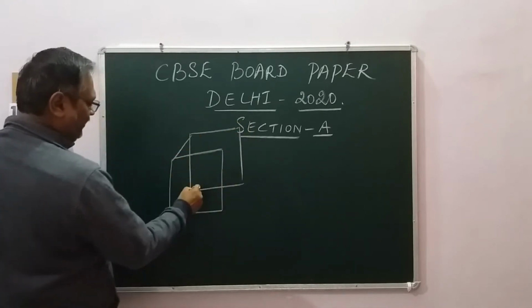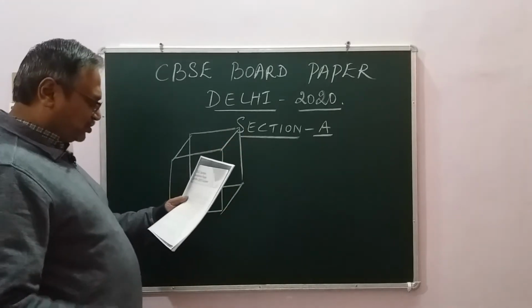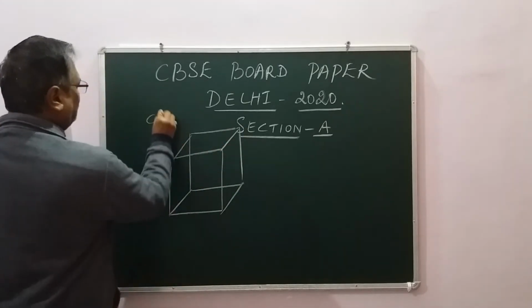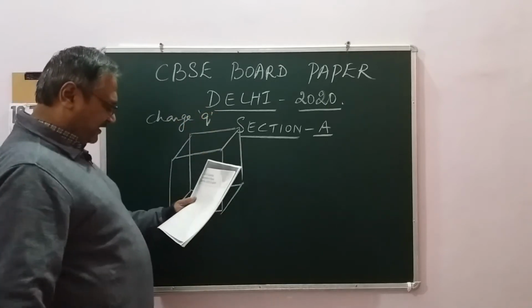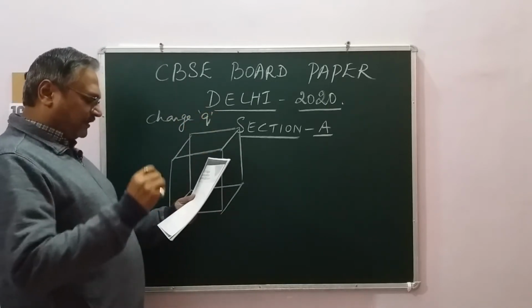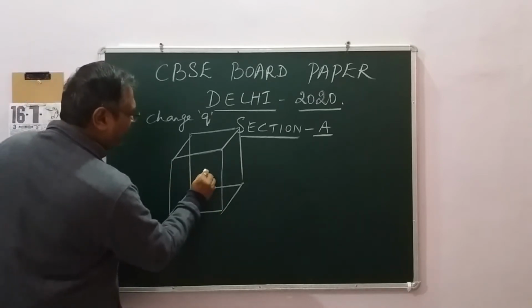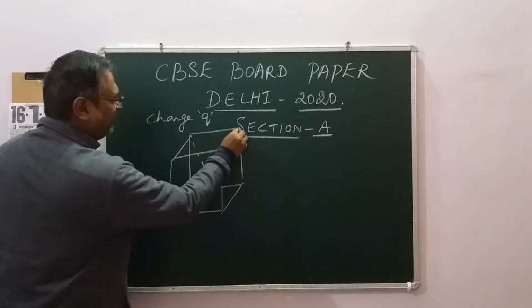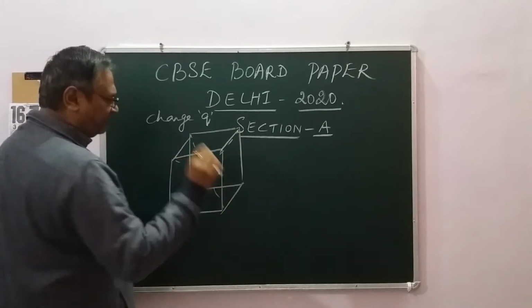The charge is Q. It is being placed at the point of intersection of the body diagonals of the cube.